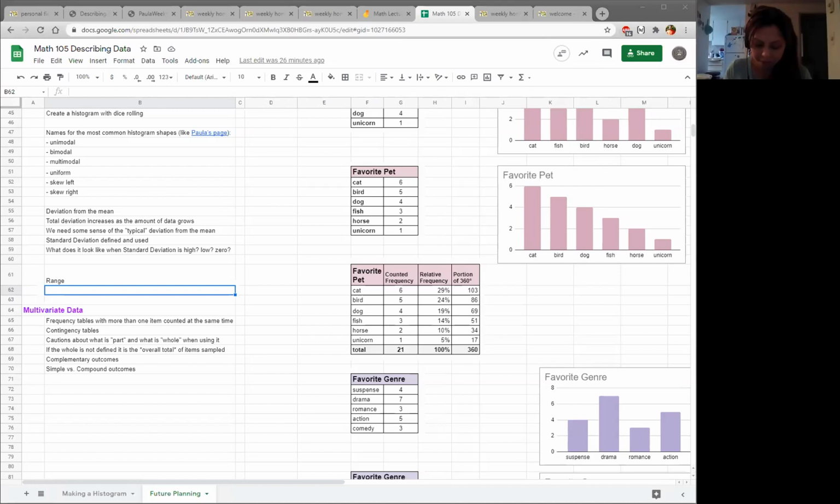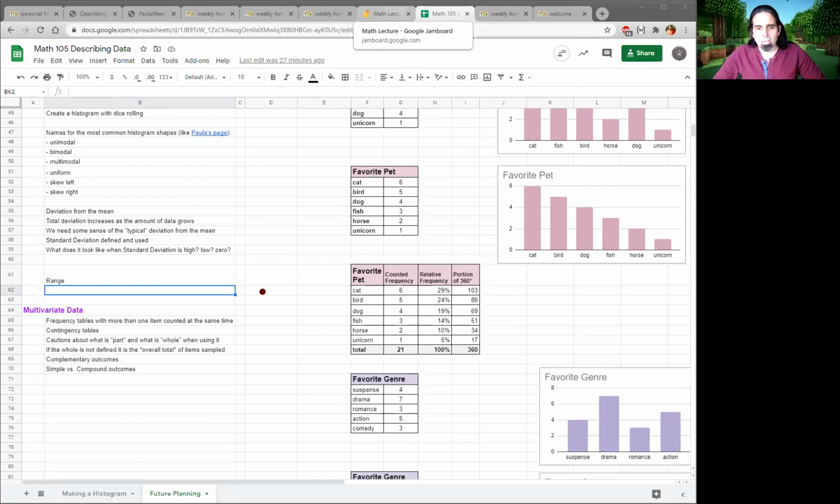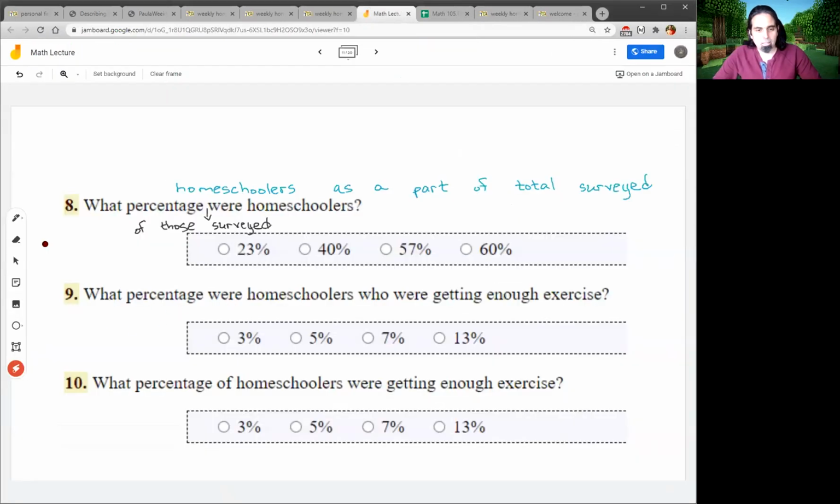I have a quick question on part B of this week's homework. It goes back to kind of the jargon. Okay, so 9 and 10 are pretty much asking the same question then, or not quite. 9 is saying, what percent were homeschoolers who are getting enough exercise?